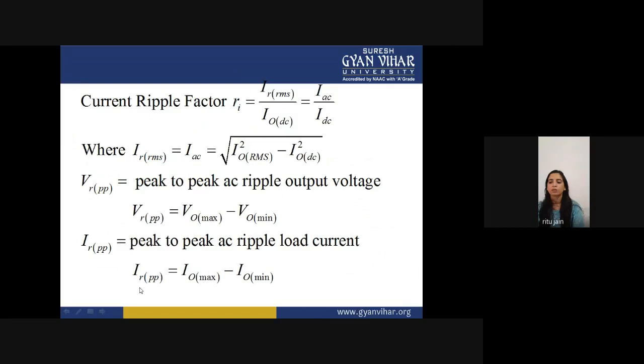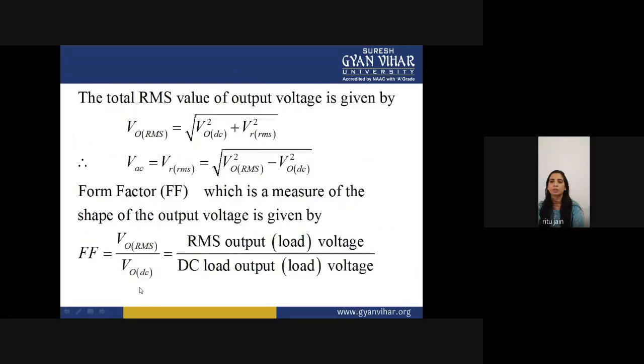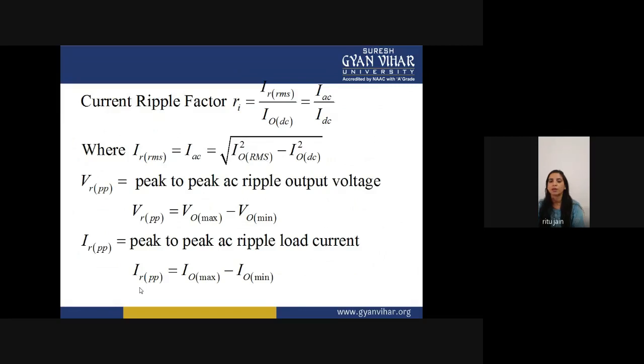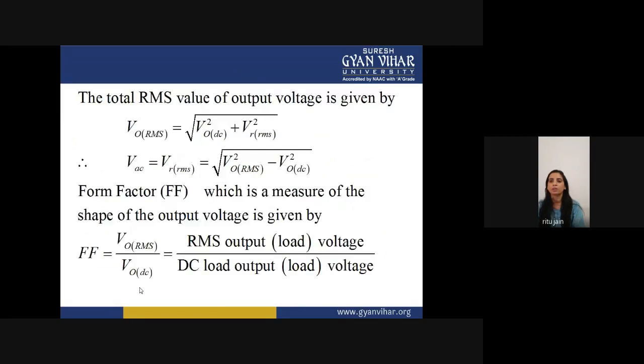Okay. So these are some formulas by which you can calculate or identify the performance of your controlled converter. So this is your peak to peak AC ripple load current, and one is your form factor. We have done with form factor.